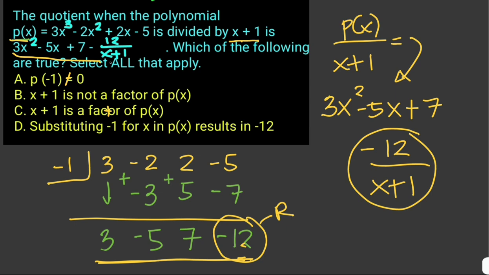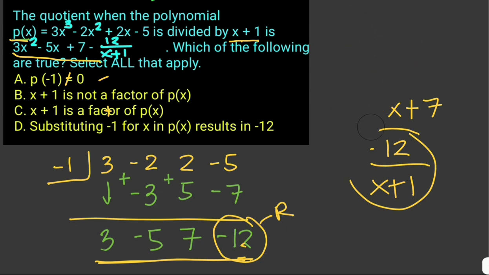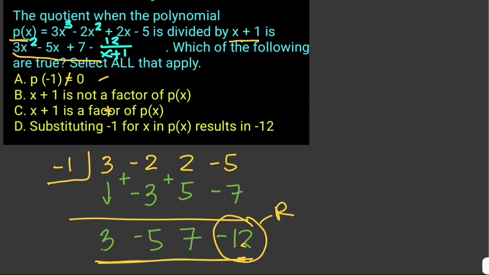Now let's check for option A: p of negative 1 is not equal to 0. So let's solve for p of negative 1. Negative 1 here is the value of x, so we substitute negative 1 for x. Our original equation for p of x is 3x cubed minus 2x squared plus 2x minus 5.